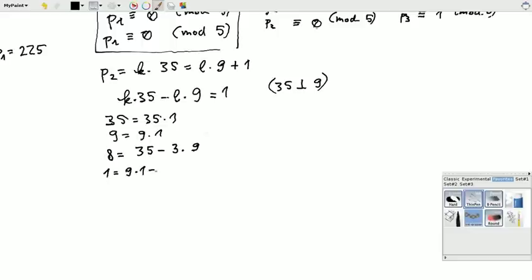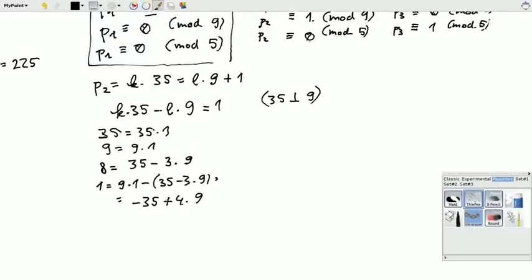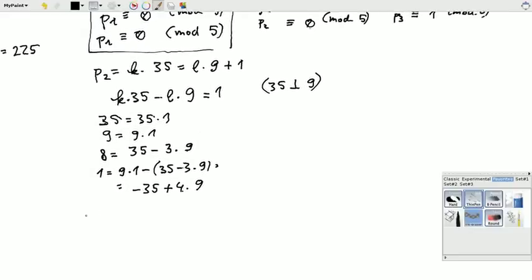9 times 1 minus 35 minus 3 times 9, which is equal to minus 35 plus 4 times 9. Great. So minus 1 times 35 minus 4 times 9 is equal to 1.